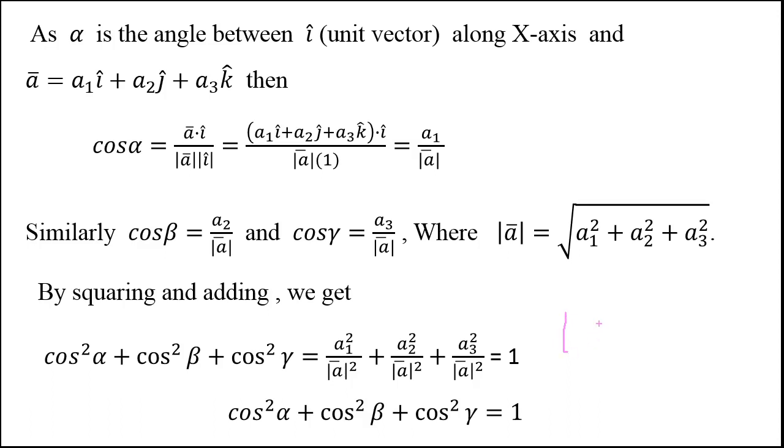So l square plus m square plus n square is equal to 1. This is the relation between direction cosines.